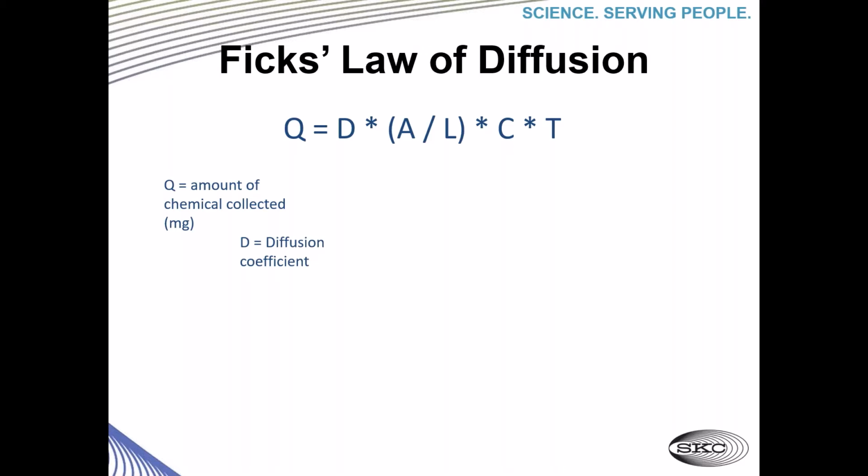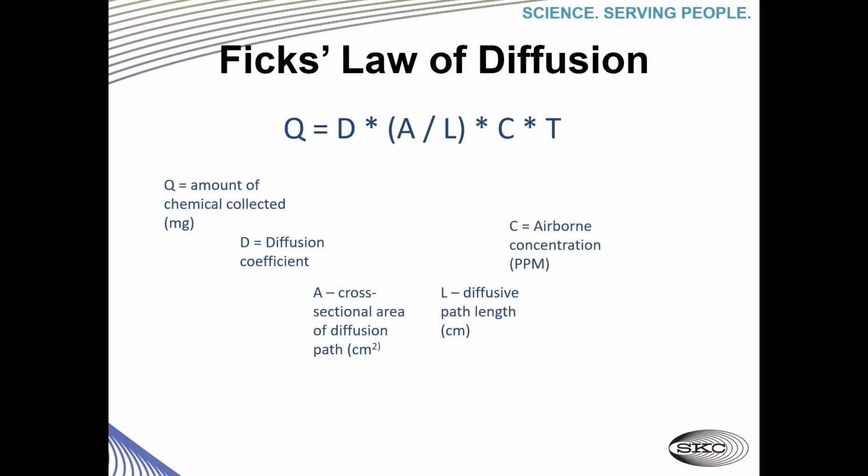D is the diffusion coefficient. This is a chemical property unique to the gas or vapor being sampled. A is the cross-sectional area of the diffusive path on the sampler. L is the diffusive path length. This is unique to each passive sampler.